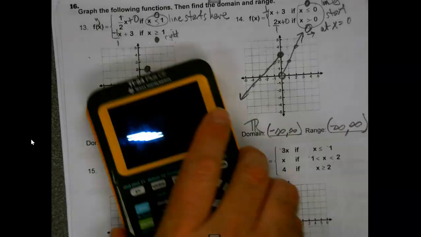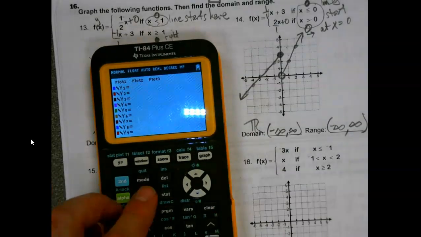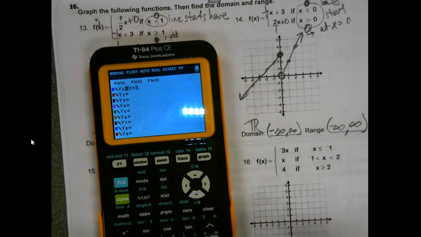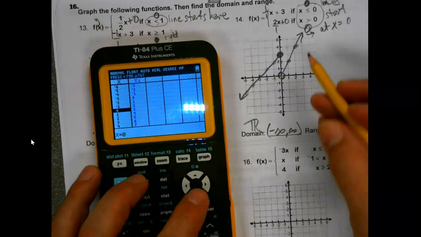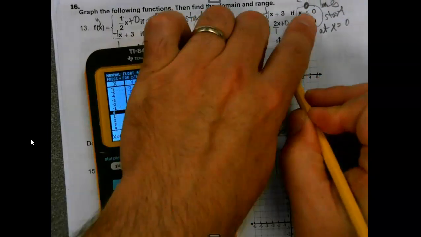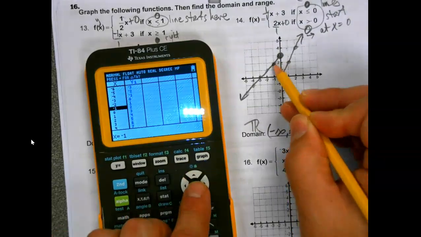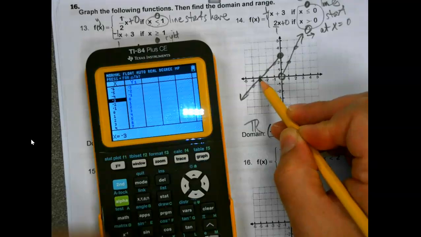And again, just as a quick reminder here, I put these things up and record them here, so if you need to check something later, you can. I go to 0 again. There's my 0, 3. I know it's a closed dot, and I know I'm going with lesser values. Negative 1, 2, negative 2, 1, negative 3, 0.